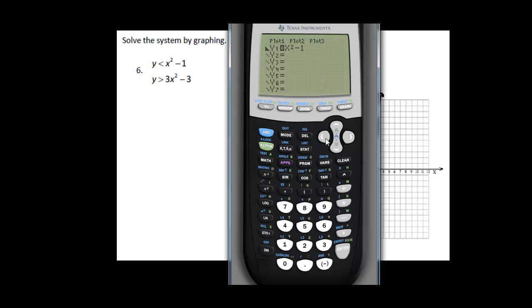And over here this is greater than, so let's go over so that it's a triangle on the top. That's greater than 3x squared minus 3. And then graph that. That's the first one, everything underneath it. And the second one is everything above it. And we can zoom in on here. Let's do that.